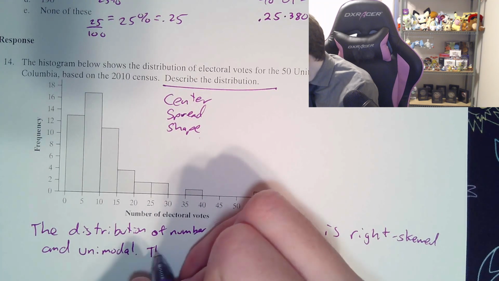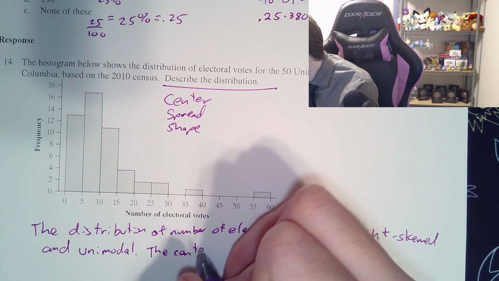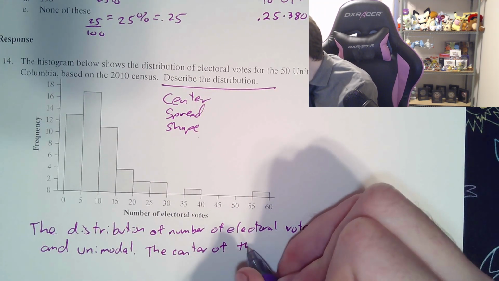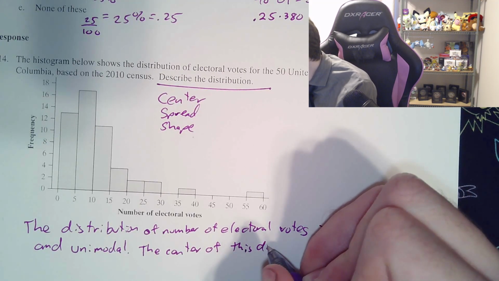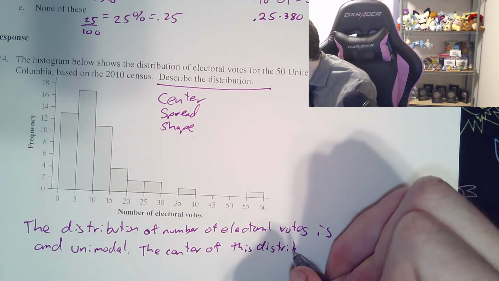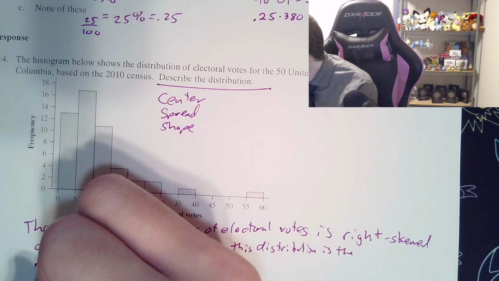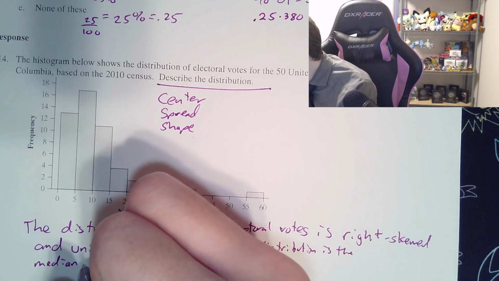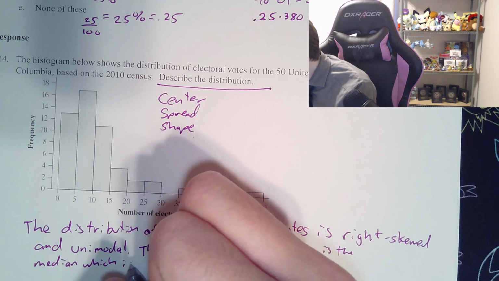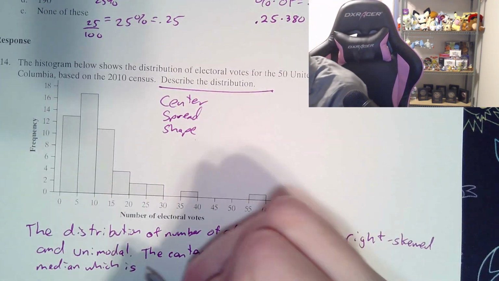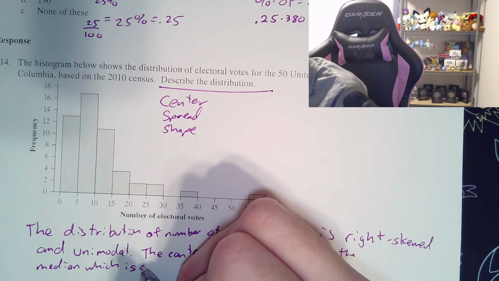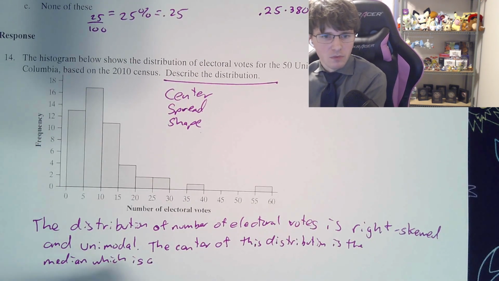The center of this distribution is the median, which is, and you could say about or between, well, we'll talk about it in a second. We're going to start writing what I'm saying there.